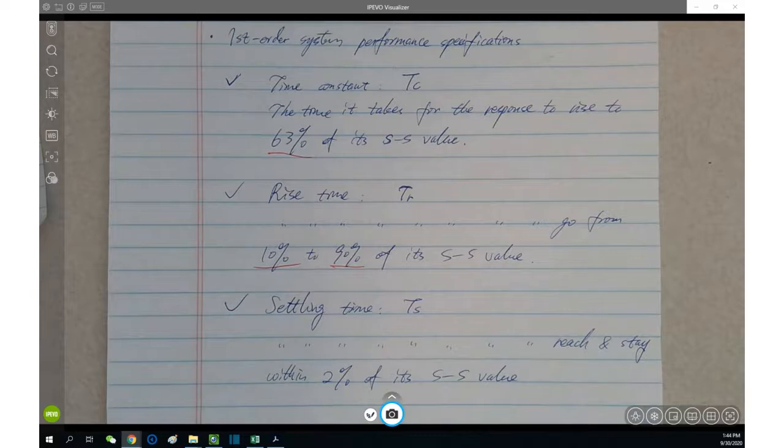And how to interpret this, reach and stay within 2% of the steady state value? It means reach to how much percent of the steady state value.